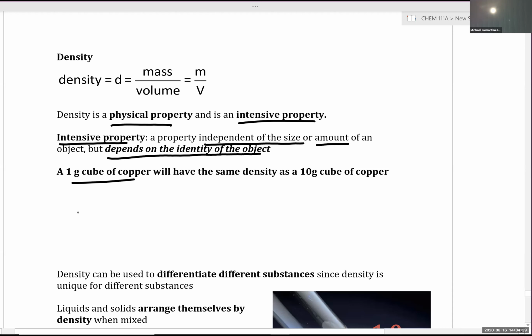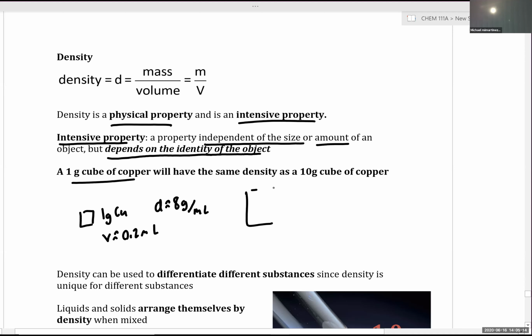For example, a 1 gram cube of copper. So for example, 1 gram of copper has a volume about 0.2 mils, and its density is about roughly 8 gram per mil.